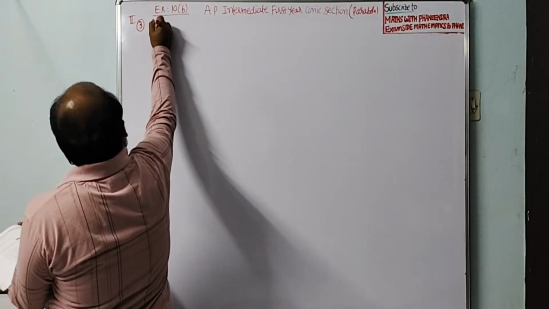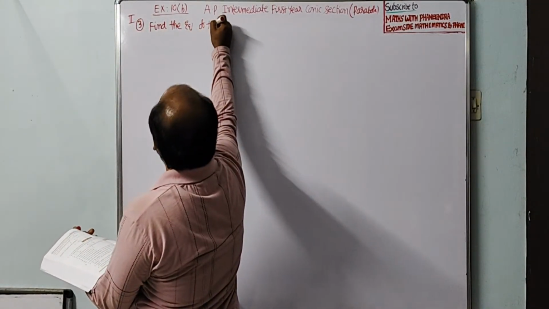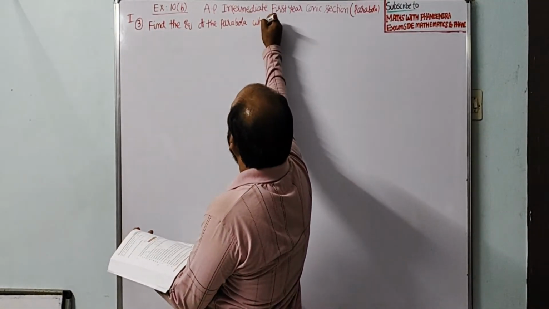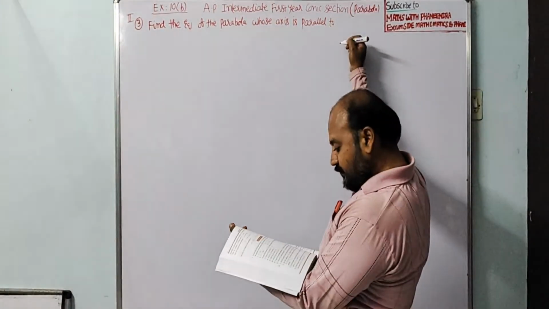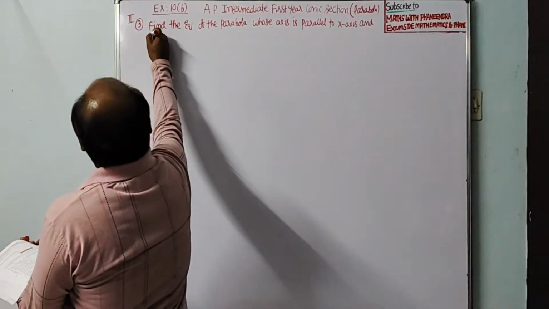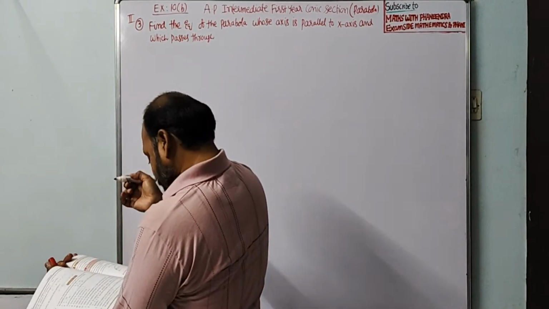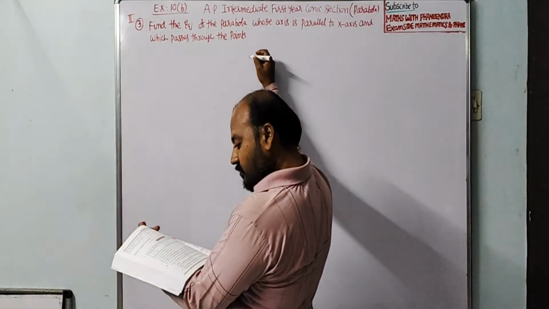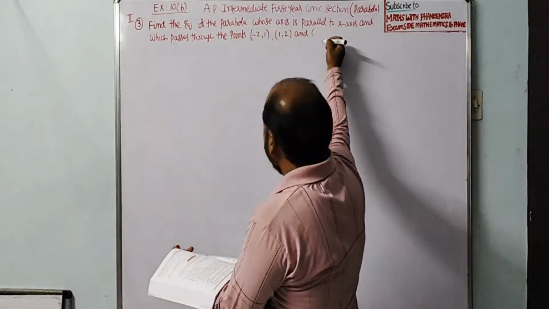Question number 3. Find the equation of the parabola whose axis is parallel to x-axis and which passes through the points -2, 1, 1, 2 and -1, 3.